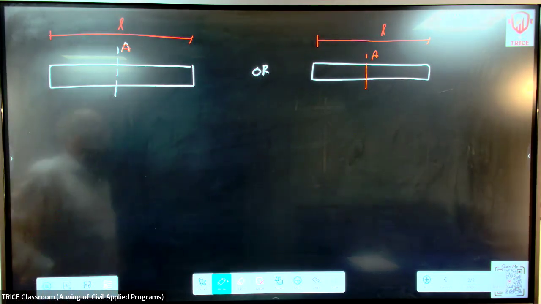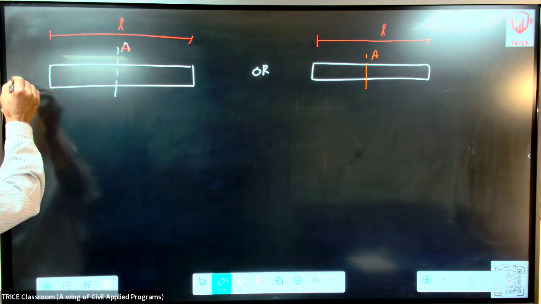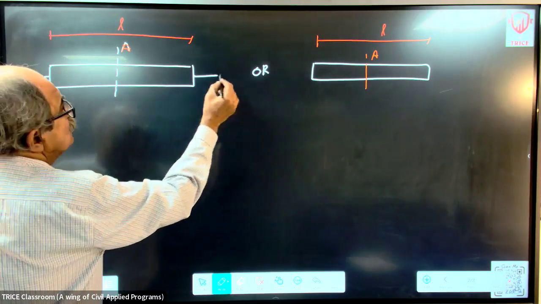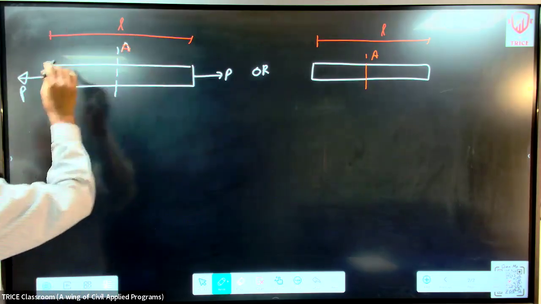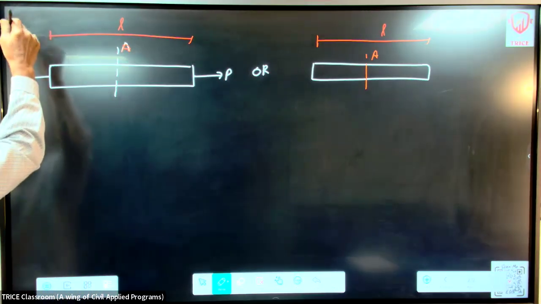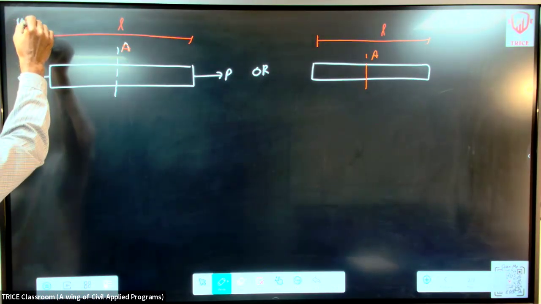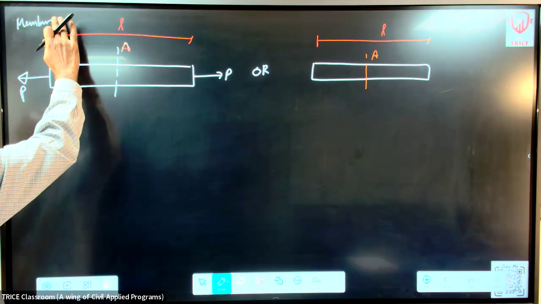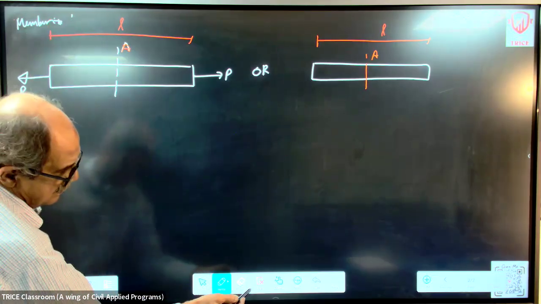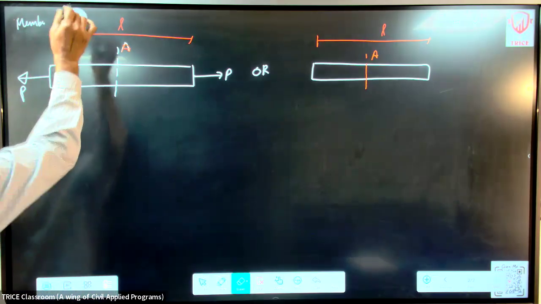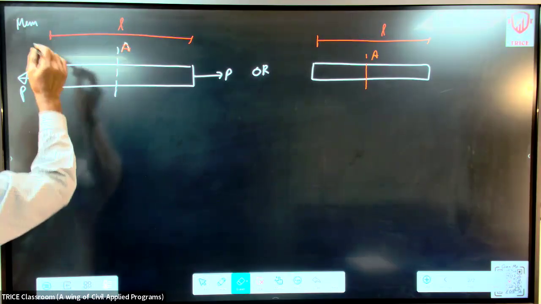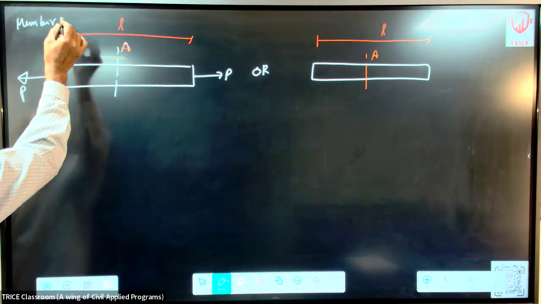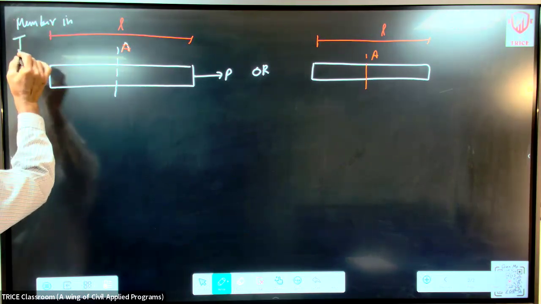So tension means this way. If that is P, this is also P. This is the case of member in tension.